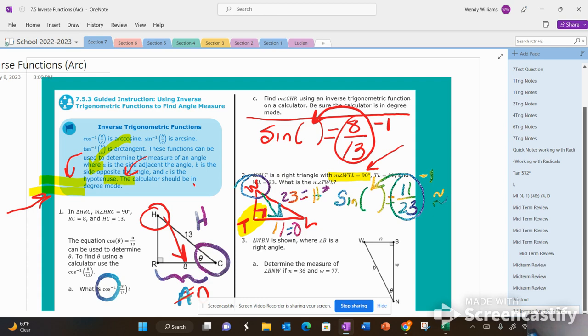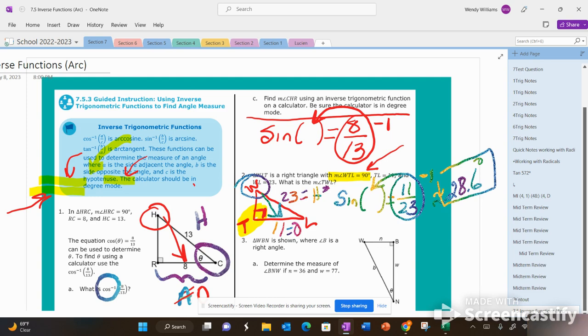Go back and find it. And you should get 28 point, if we're rounding to the nearest tenth, you should get 0.6. Give yourselves a pat on the back if you got 28.6.